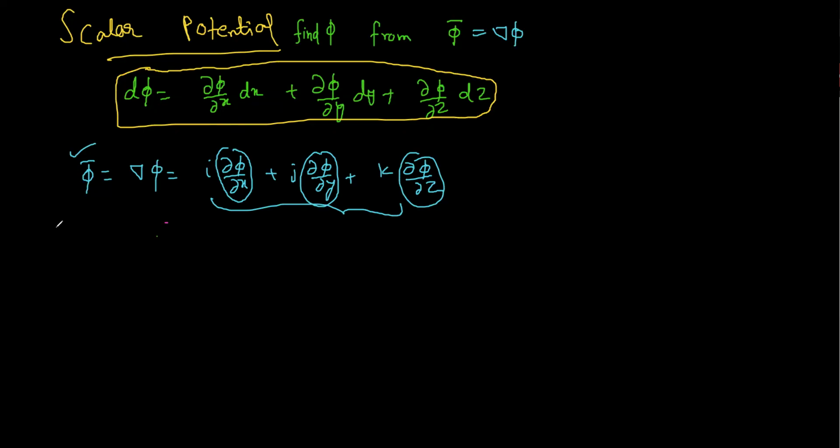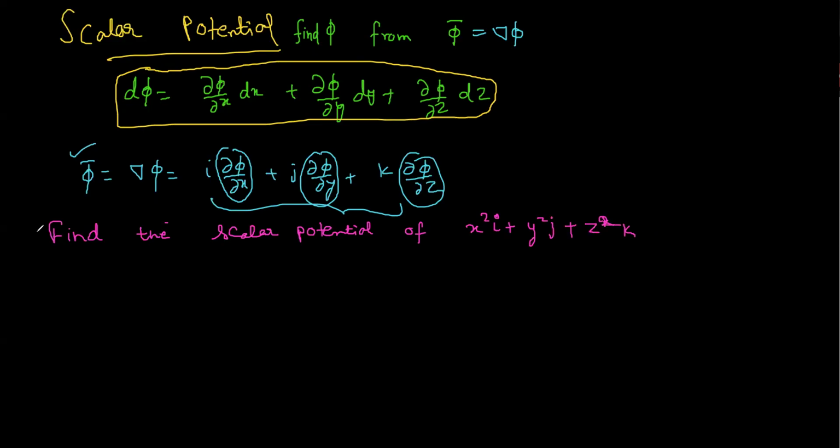See, find the scalar potential. Sometimes scalar potential is not written, only potential is given. Okay. Find the scalar potential of x square i, y square j, z square k.